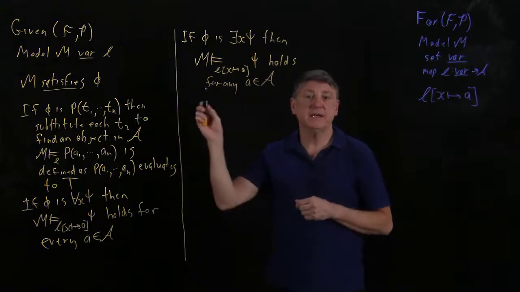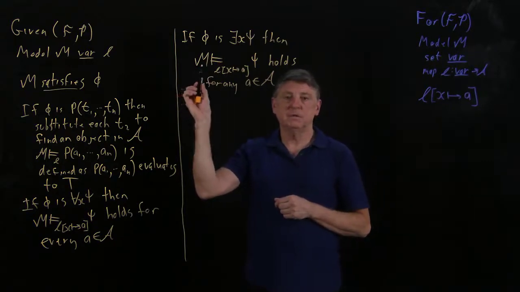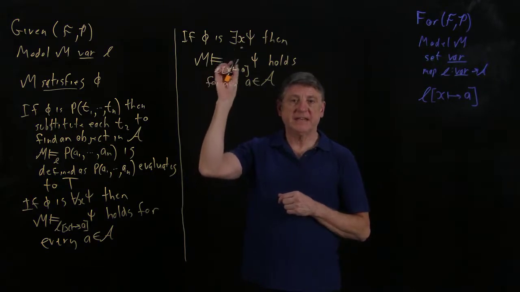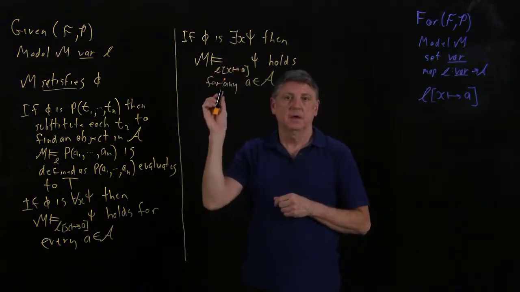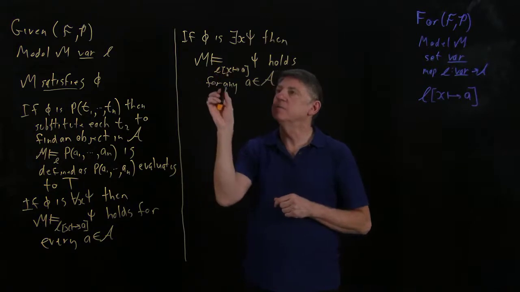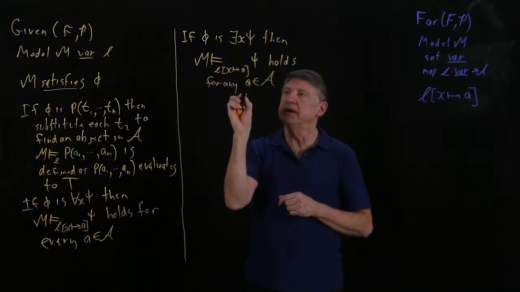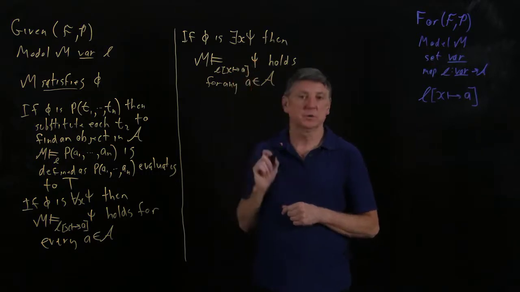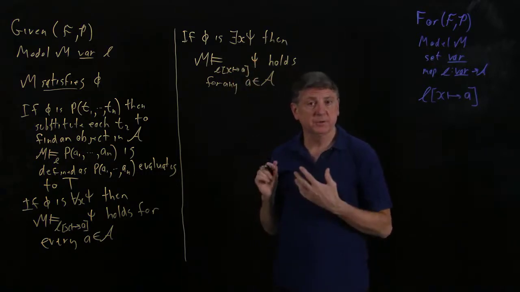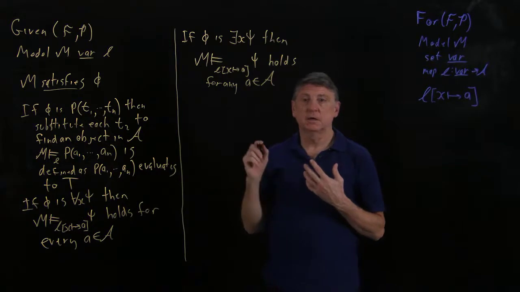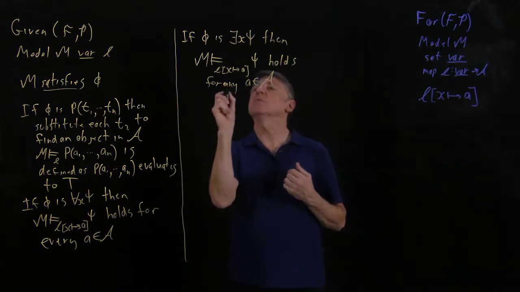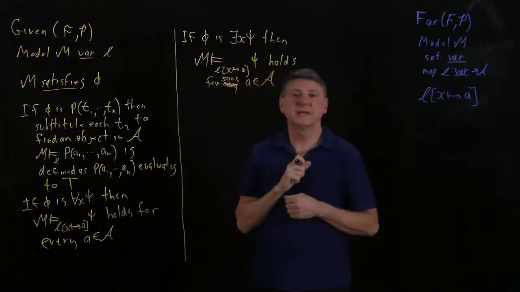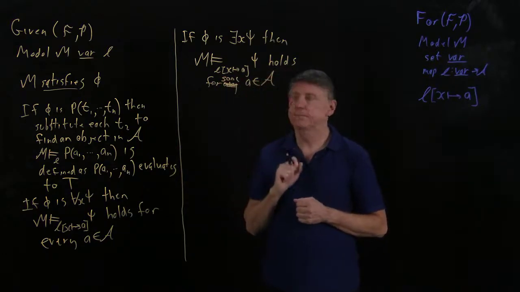And so what we'll say is that the model satisfies the formula there exists x psi, provided that you can find one object, and if you map x to that object, then this formula holds. And that is approximately what we mean. Sorry, that's not for any, that's for some. That is, we're saying as long as you can do it once.